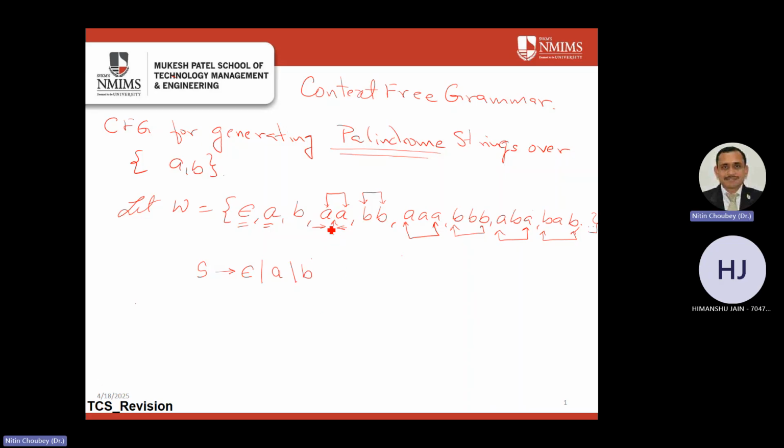So this is for single-length strings. Then S gives, we have the starting symbol and ending symbol which should be the same, so A S A. Likewise, the same for B S B also.